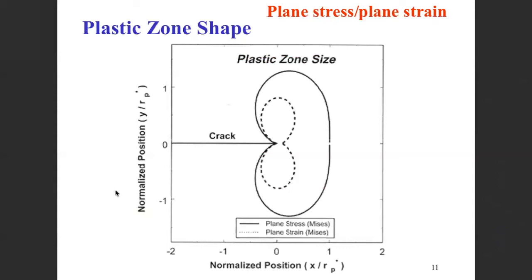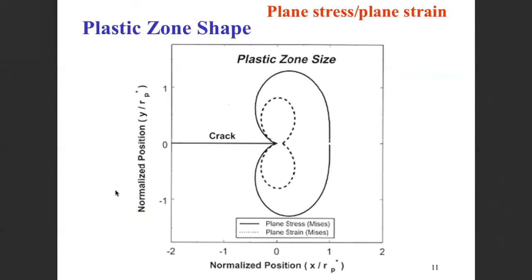Because this crack here is much narrower than, say, our grain. This averages over all the grain scale heterogeneity. This assumes a perfectly homogeneous isotropic medium.